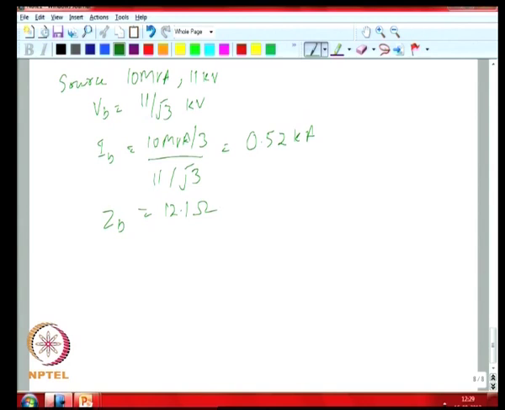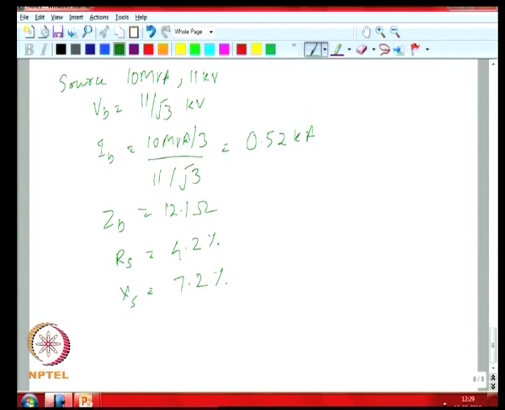So, if you look at your value of your RS, this would be 0.5 divided by 12.1 into 100 to give it in percent. So, this would be 4.2% and your XS is 0.87, which we calculated, divided by 12.1 in percentage, this would be 7.2%. Okay.